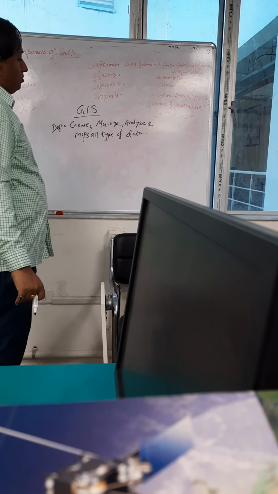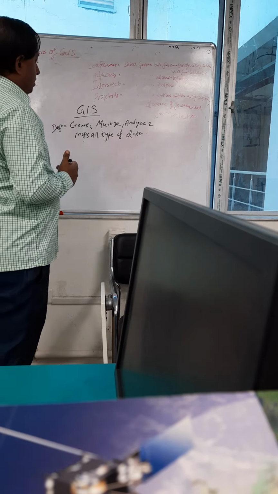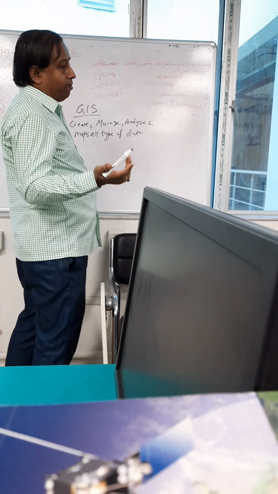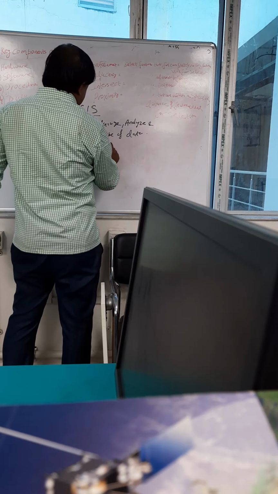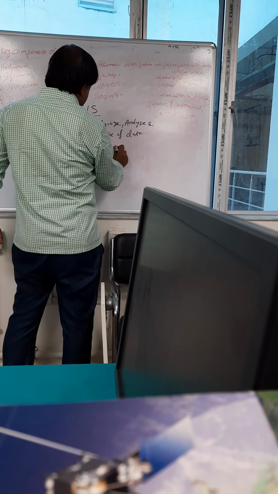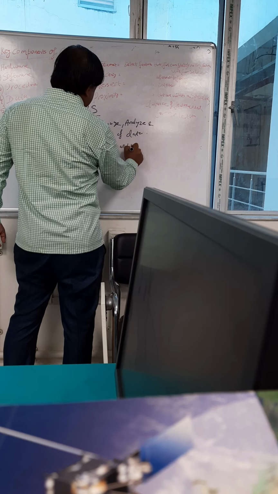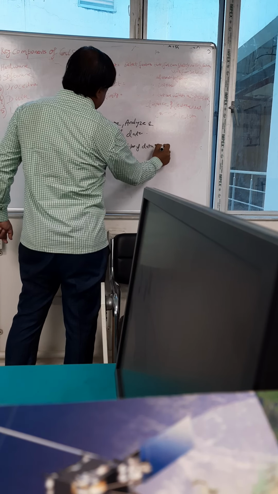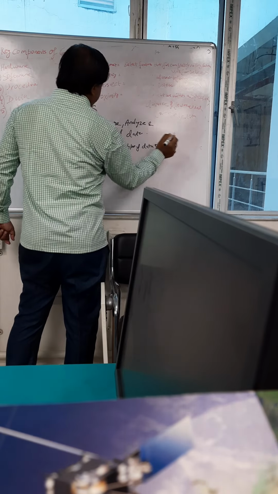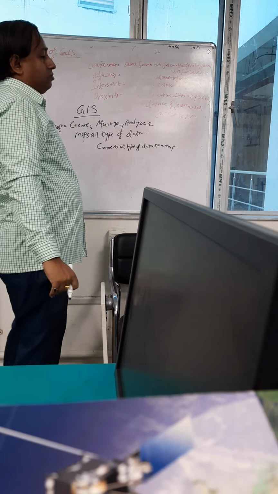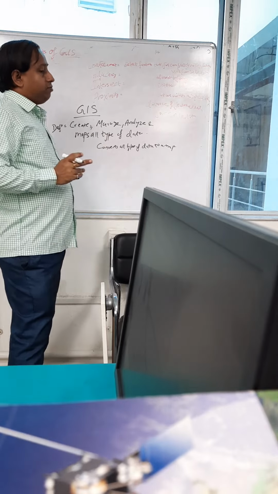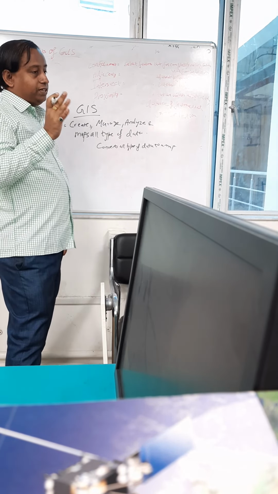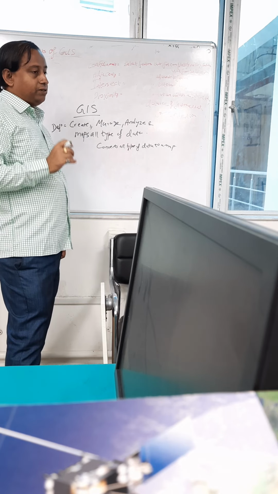And that means in simple terms, it converts all types of data to a map. The example is what we have done in the last practical class: the essential lifeline facilities, these are all data.